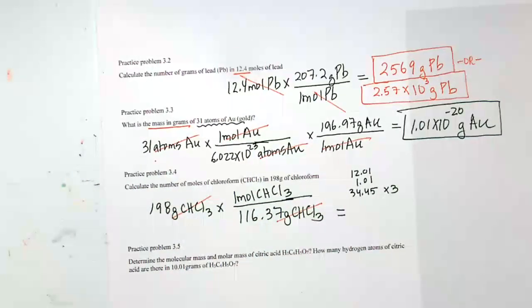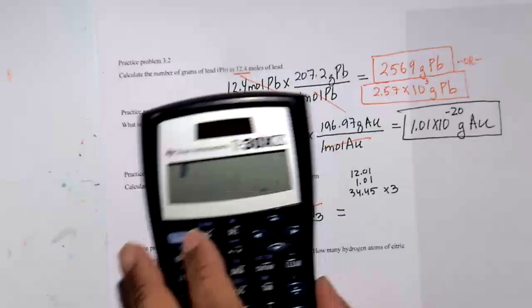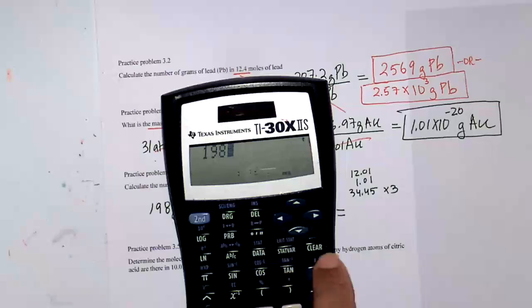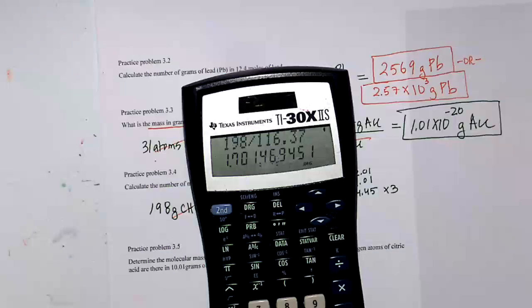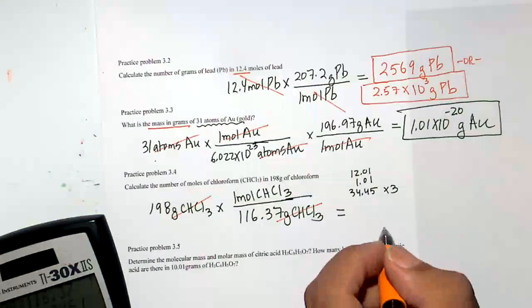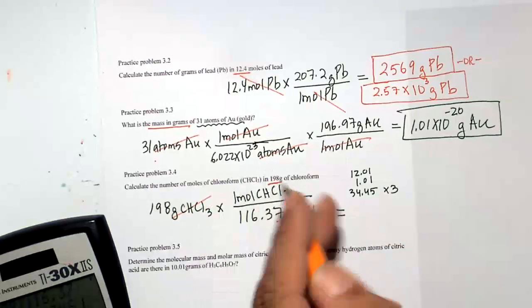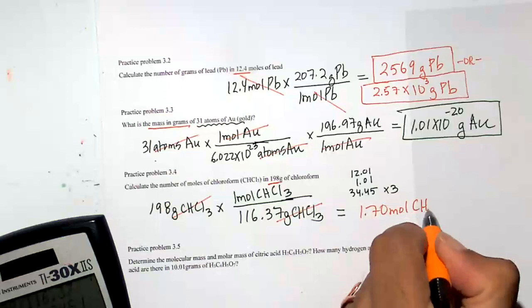All right, the grams of chloroform cancels out with grams of chloroform. And what do you guys get? 198 divided by 116.37. About 1.70. Okay, 1.70 moles of chloroform.